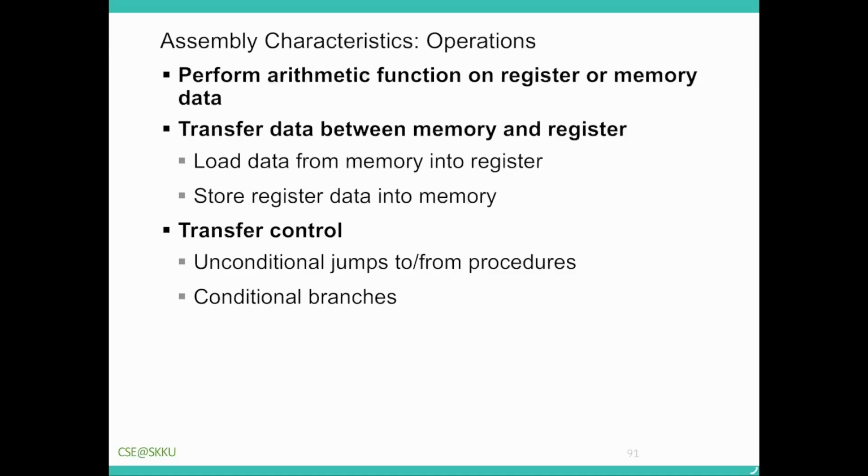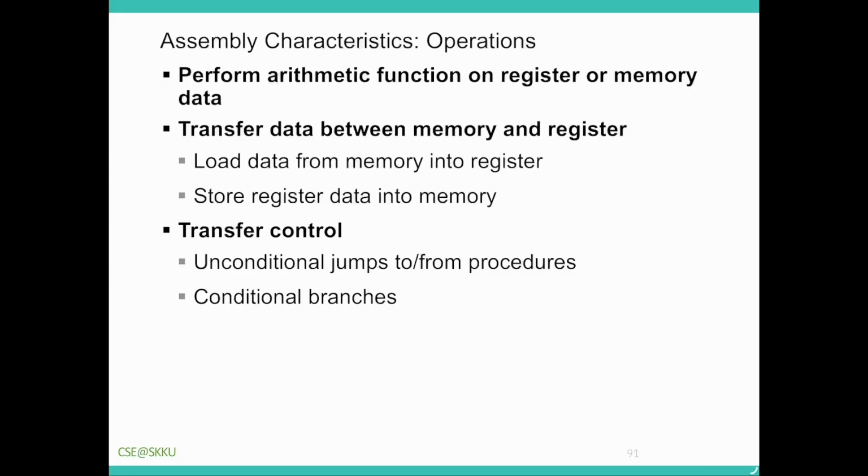These assembly instructions have the following characteristics. In terms of operation, these commands to the CPU perform very small operations at a time. It performs arithmetic functions on either register or memory data. It transfers data between memory and register.